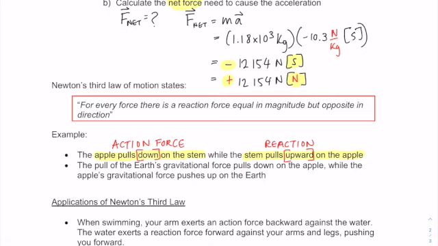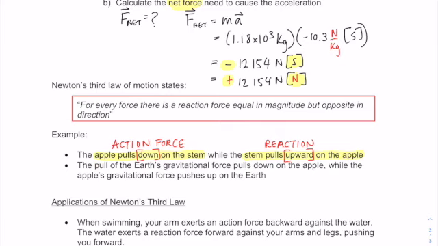Okay? So the pull of the Earth's gravitational force pulls down on the apple, while the apple's gravitational force pushes up on the Earth. For every single force, there's a reaction force that's going to be equal in magnitude, but opposite in direction. So let's take a look at some examples of Newton's third law.